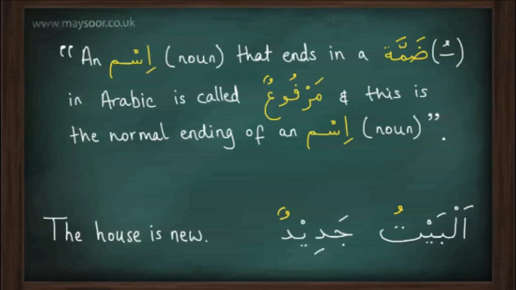In this example, both words al-baytu and jadidun are referred to as marfu'. This is because they both end in a dhamma. So we can refer to any one of these two nouns as ism marfu', a noun that is marfu', ending in a dhamma.